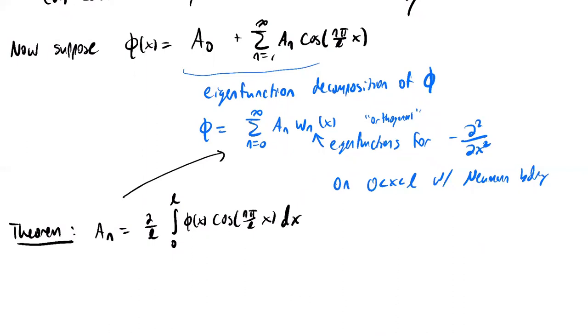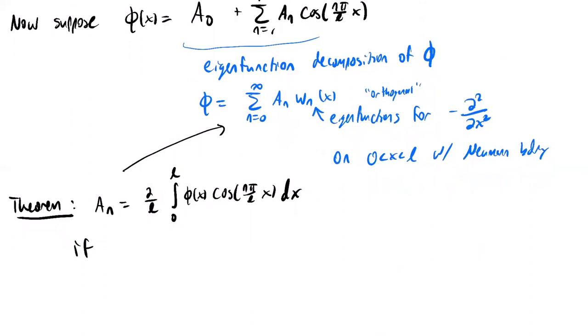Right? So this is the case if phi of x has this form. Right, and so this is for n bigger than or equal to 1.